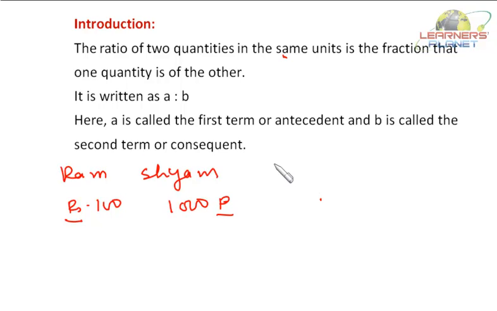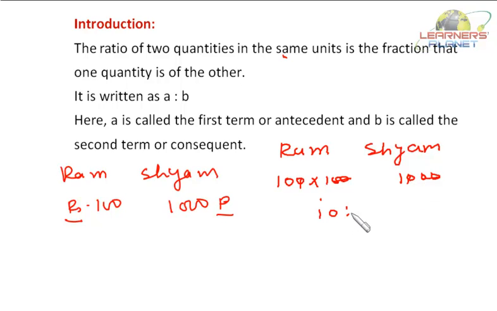Now let's convert both the amounts in same unit. It is Ram and it is Shyam. Ram is having 100 rupees. I wish to convert rupees to paisa, so I'll be multiplying by 100, and here it is 1000.